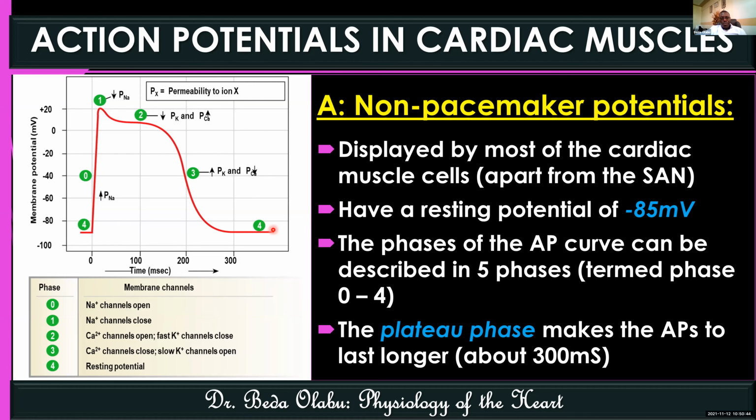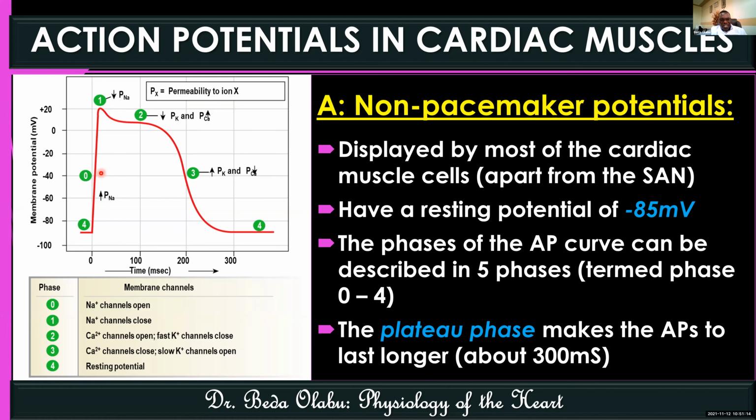That is the pacemaker potential, and that's the graph. Now you need to know this very well, because if you're going to talk about drugs which are used in the treatment of arrhythmias, they'll be talking about phase 0 drugs, sodium channel blockers; phase 2 drugs, calcium channel blockers; phase 3 drugs, potassium channel blockers.